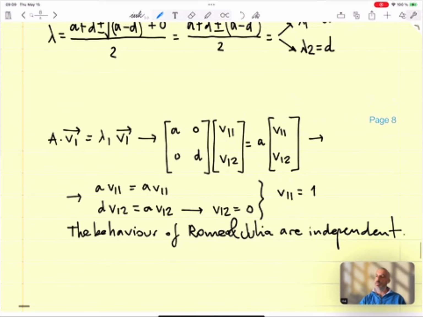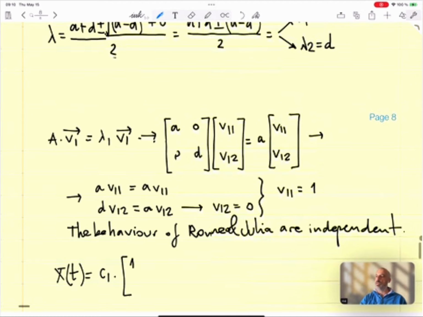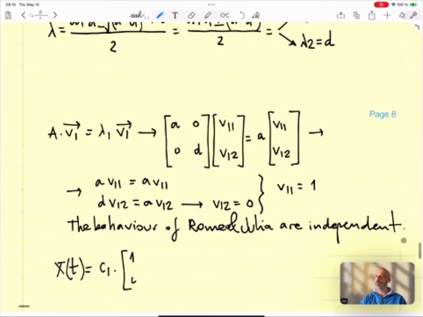Our equation turns out to be x of t equals a constant times the vector (1, 0) times e to the at, plus a constant times the vector (0, 1) times e to the dt.